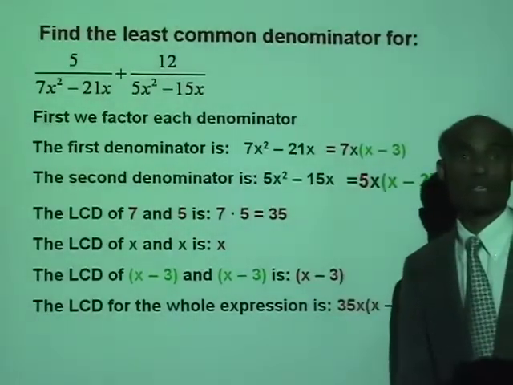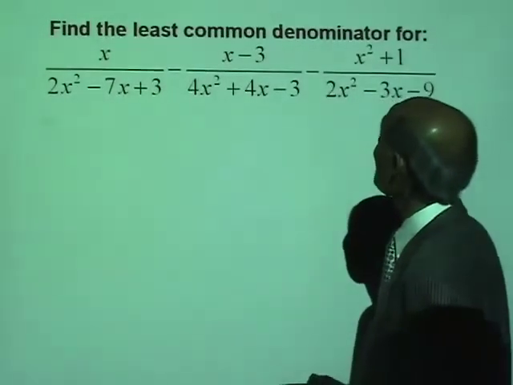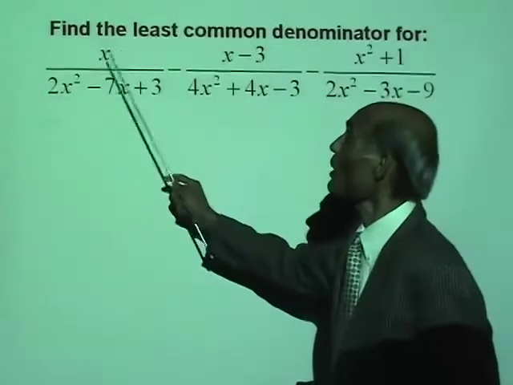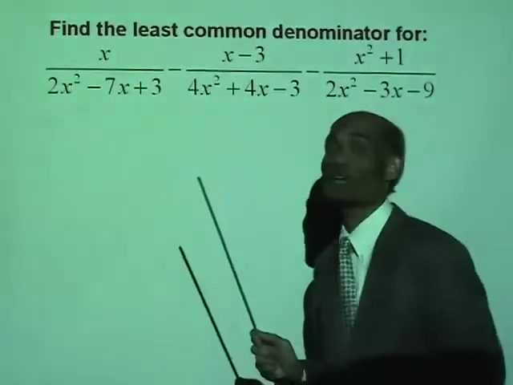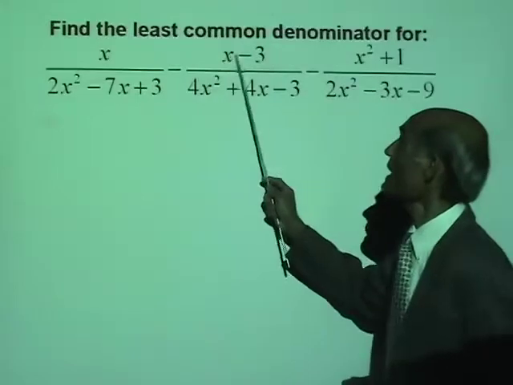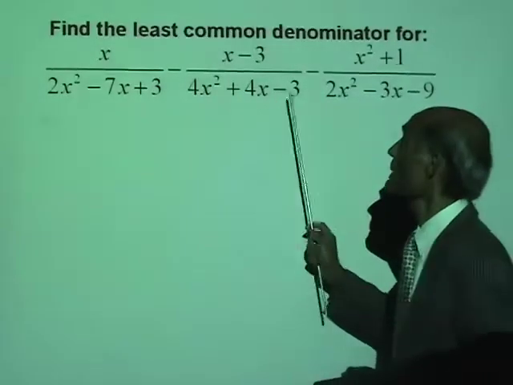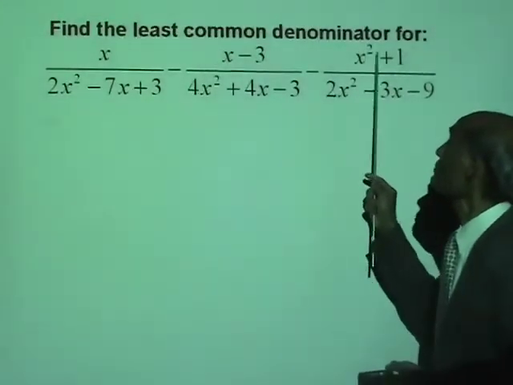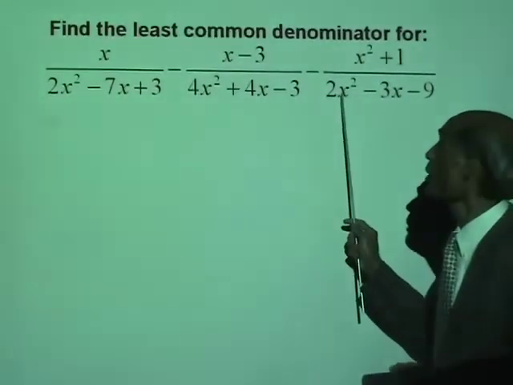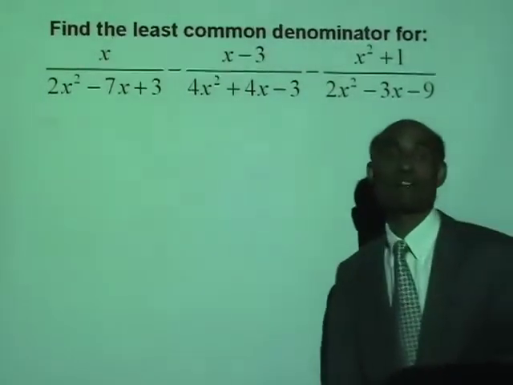Okay, let's look for another one. Find the least common denominator for x over 2x squared minus 7x plus 3 minus x minus 3 over 4x squared plus 4x minus 3 minus x squared plus 1 over 2x squared minus 3x minus 9.